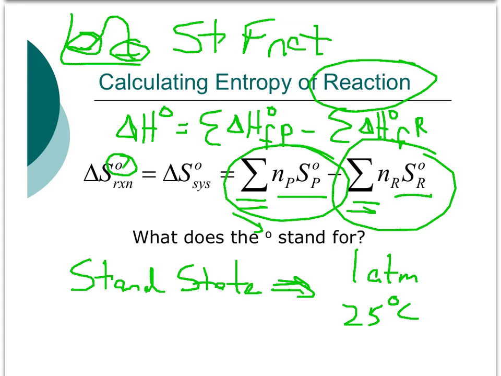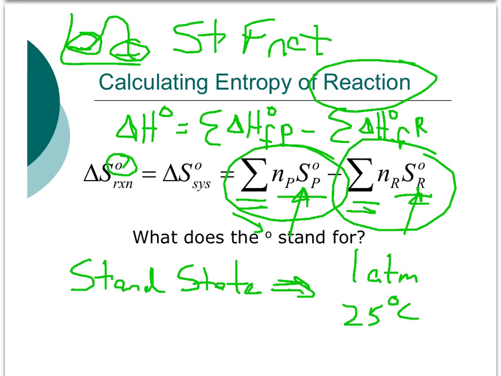Now, the individual entropies that we're going to be summing up here for the products and the reactants, as you can see, those are standard entropies. Now we'll talk a little bit about what standard entropy means when we get to talking about the third law of thermodynamics. But right now, what they're going to be to you and I is they're going to be numbers in the back of the book.